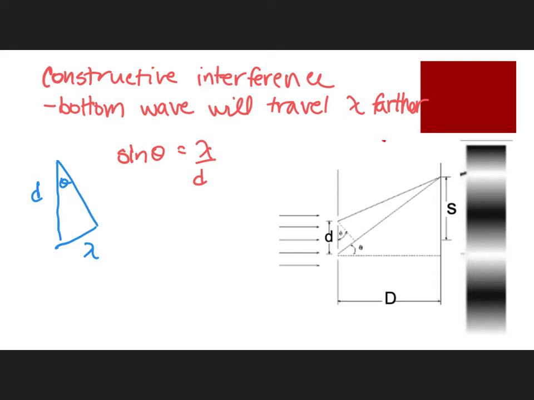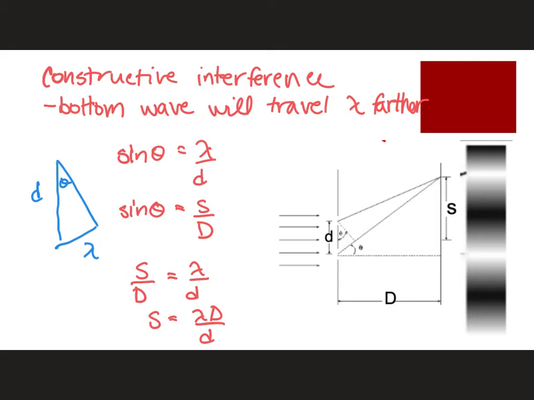So I could also write that sine theta is also s over big D. And if I put those two equations together, I have s over big D equals lambda over little d. Moving that around is the equation we're going to get from our data booklet.